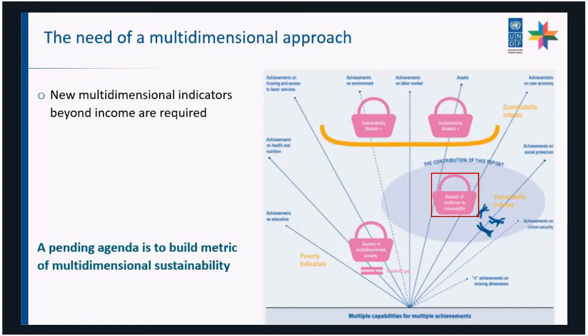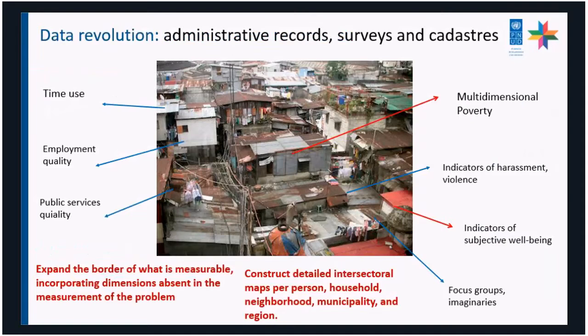A very important thing that's happened, innovation that's happened around the region, is that there is a data revolution that has to do with vulnerability and with poverty. And this data revolution means moving away from just using census data to starting to use administrative registries and cadasters and ways of georeferencing households family by family in each of our countries.